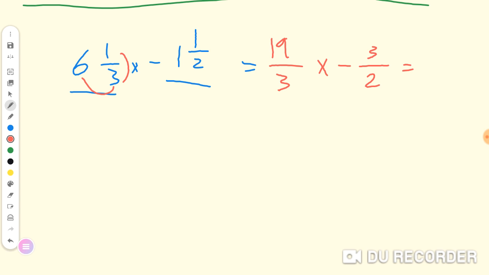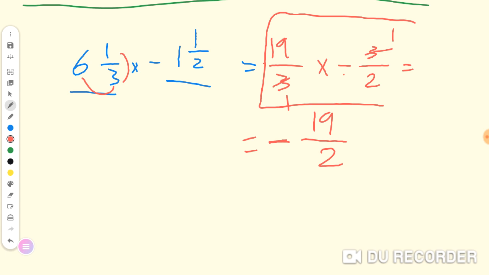I can simplify here by dividing by 3. Now I have positive times negative, so negative. And 19 times 1 is 19, 1 times 2 is 2. So the result at the end is negative 19 over 2. This is how to multiply fractions. You can simplify first, and then multiply numerator with numerator and denominator with denominator, or you can multiply and then simplify. But I prefer to simplify first to make the numbers easier.